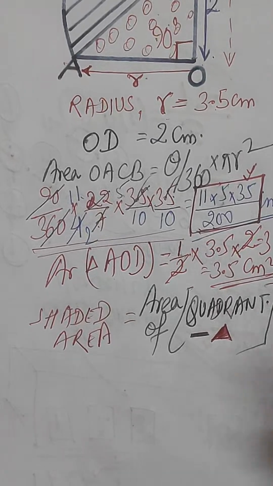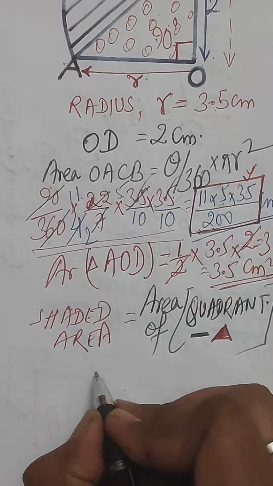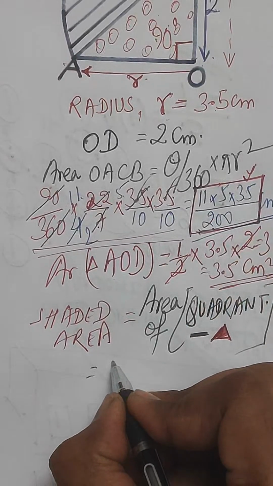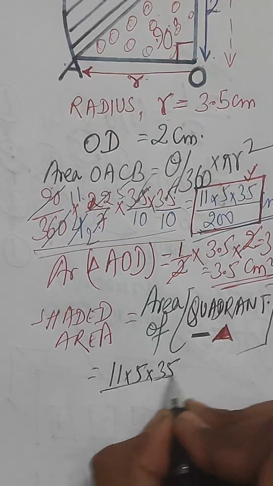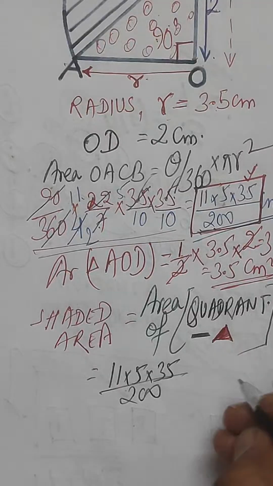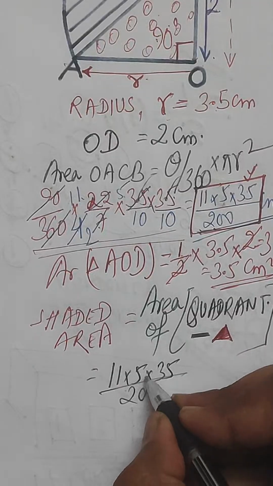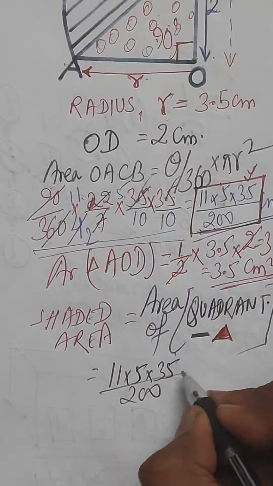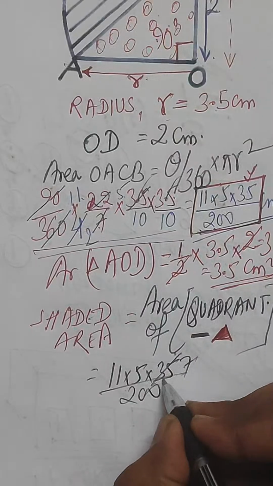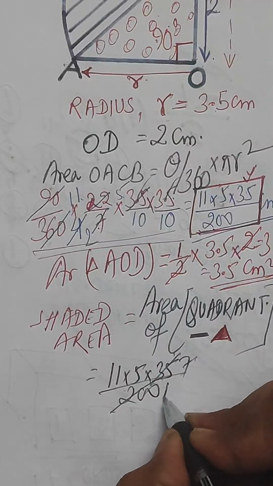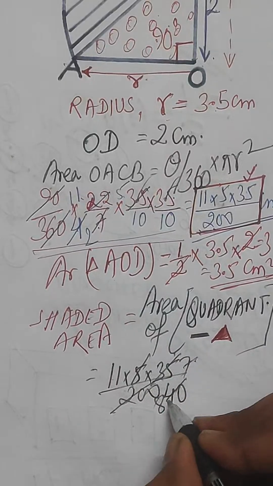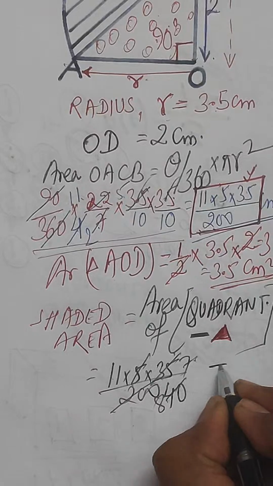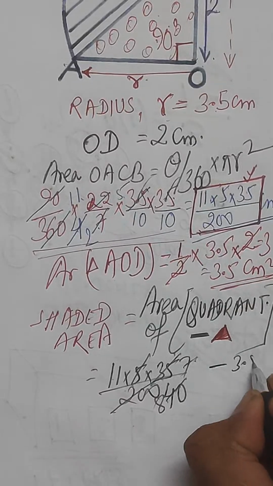And what is the area of the quadrant which we have calculated? That is equal to 11 into 5 into 35 by 200, right? So that is 77 by 8, minus area of the triangle, that is 3.5.